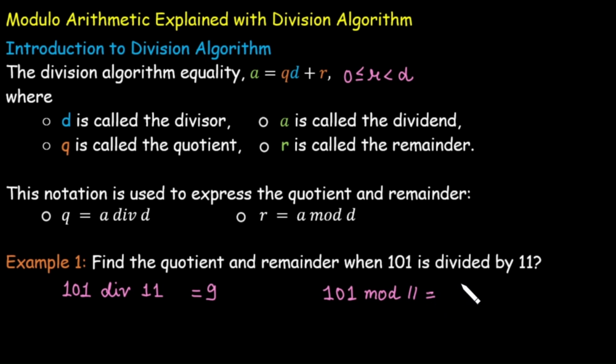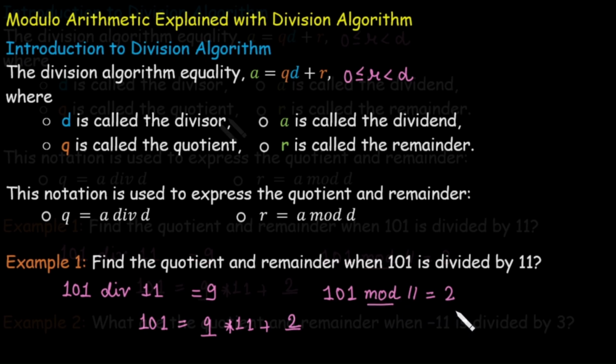That is 2. Basically, 101 when divided by 11, the quotient is 9 and the remainder is 2. In short, when we write this notation, we need the quotient, and when we use mod, it means we need the remainder.